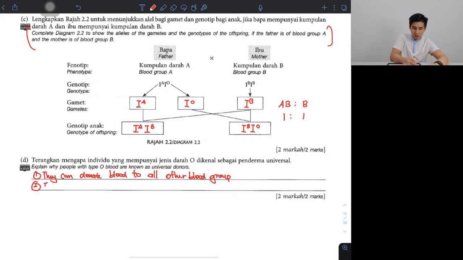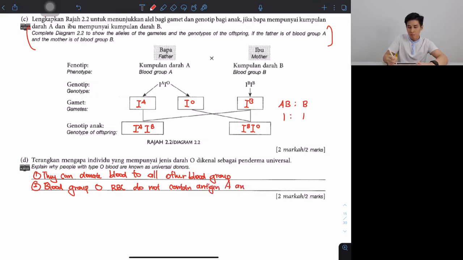So because blood group O red blood cells do not contain antigen A and B. A or B, either one also don't have.